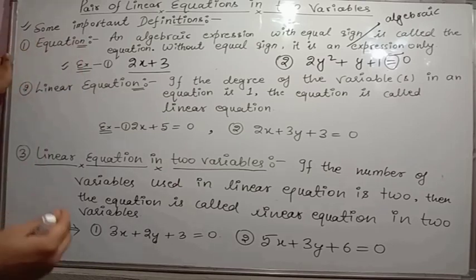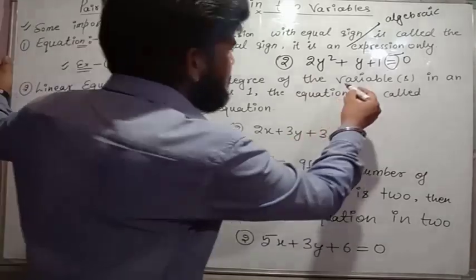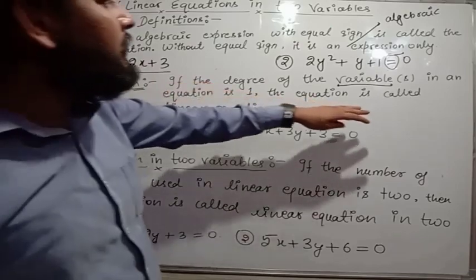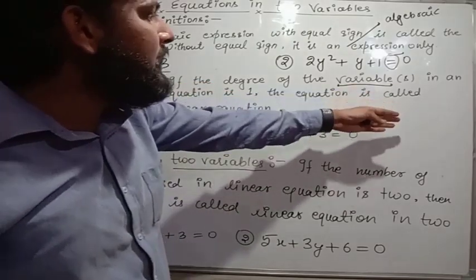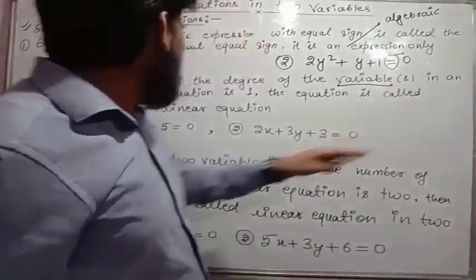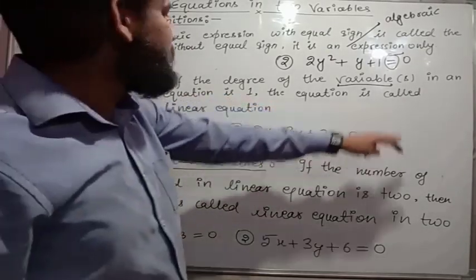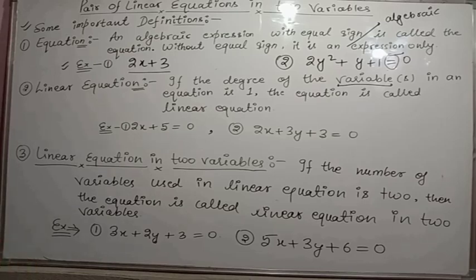If the degree of the variable or variables is 1 in an equation, the equation is called a linear equation. Variable means, if there is one variable, then we say variable; if there are more than one, we say variables.